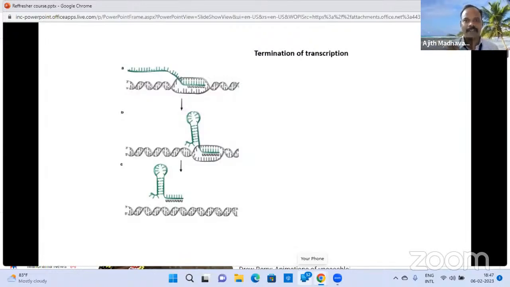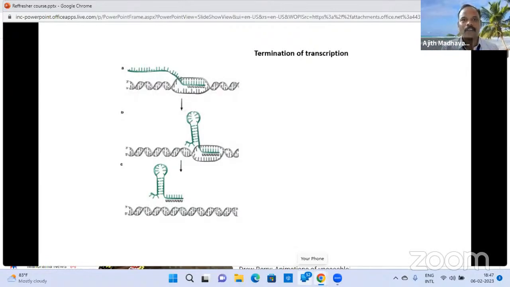You apply stress so that the rope comes out of the pole. Similarly, in the case of the transcription process, whenever it reaches a stop point or the termination point, I told you, you can even take the analogy to the next step. It is loosely tied.